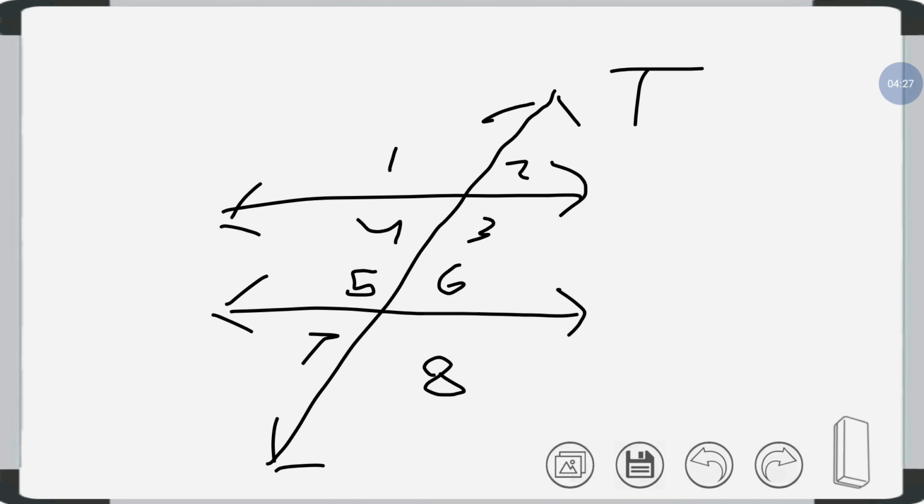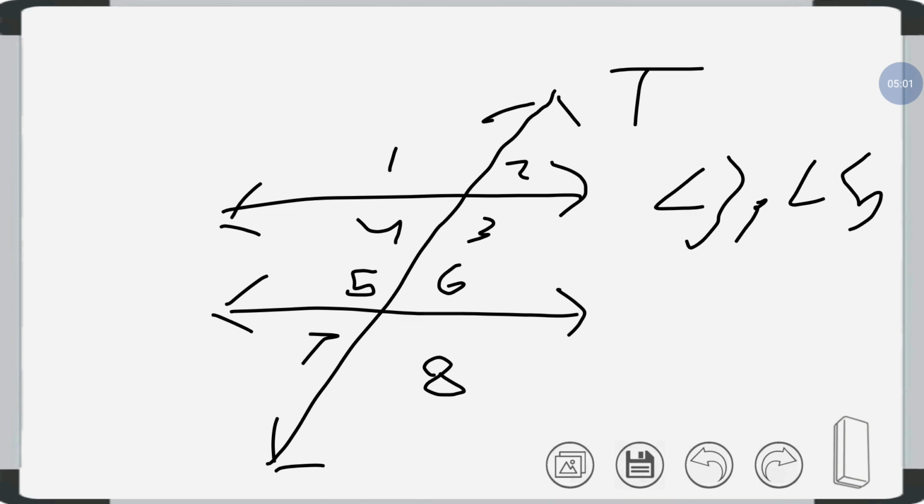Okay, now we have the alternate interior angles. Alternate interior angles are non-adjacent angles that lie on opposite sides of the transversal, between the intersected lines. An example for this one is angle 3 and angle 5. As we see, angle 3 and angle 5 are not on the same side of the transversal line.